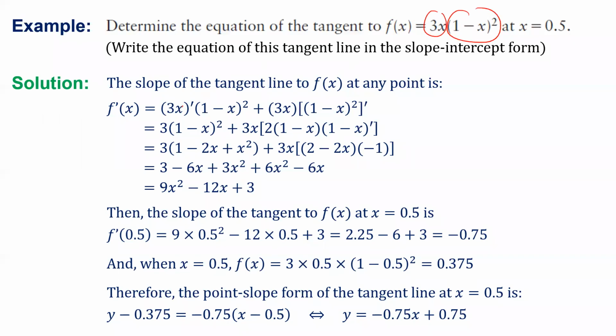The derivative of the first function times the second function plus the first function times the derivative of the second function. Then the derivative of 3x is 3, then times 1 minus x to the power of 2. Then 3x times the derivative of the second function.